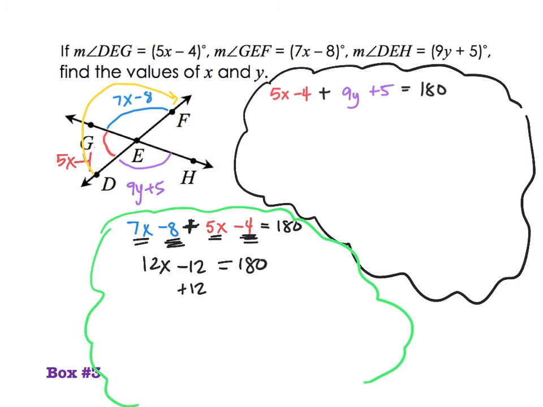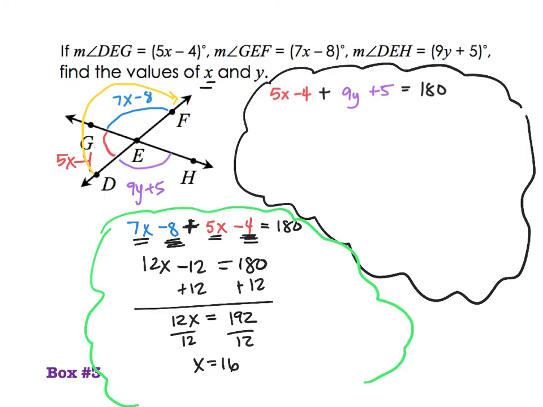Going to add 12 to both sides, and I get 12x is equal to 192. Going to divide both sides by 12, and I have 192 divided by 12 gives me x equals 16. Guess what? That's one of the answers they're asking me to find for x.